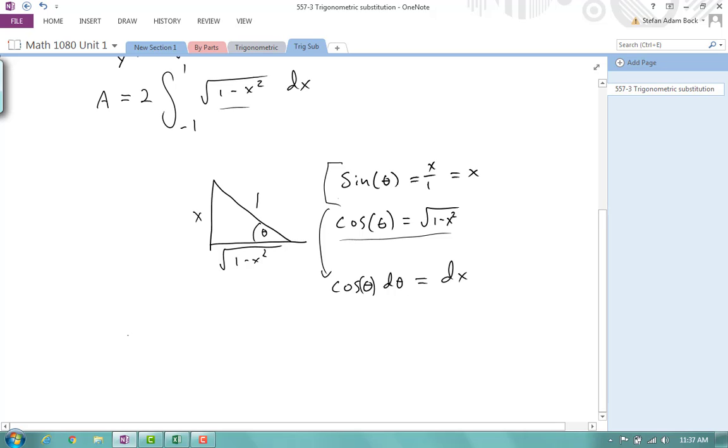So when I substitute into my integral of 2 times, I won't have the same bounds anymore, so I'll just put a couple of question marks until I figure those out. But the square root of 1 minus x squared is equal to cosine of theta. And my dx is equal to cosine of theta d theta.